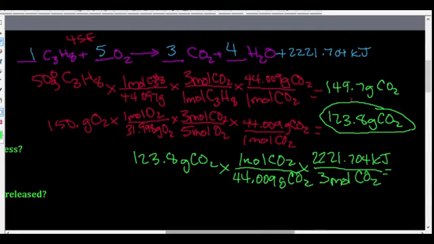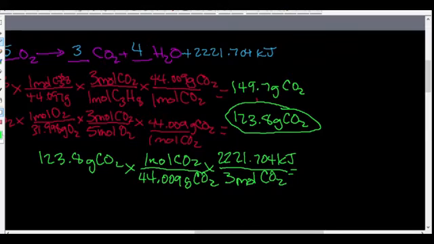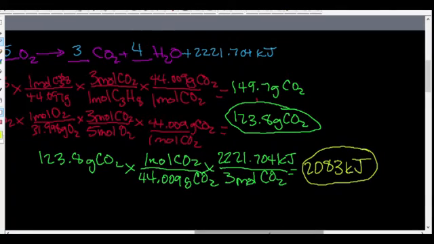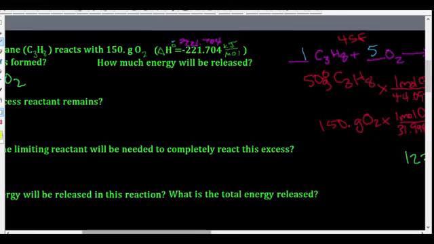Now these kilojoules aren't a number you're going to have to memorize. They're usually given in the equation, or in the question itself. So when you do the math here, you end up finding the rounded number is 2083 kilojoules. That is how much energy is going to be released during this first reaction.